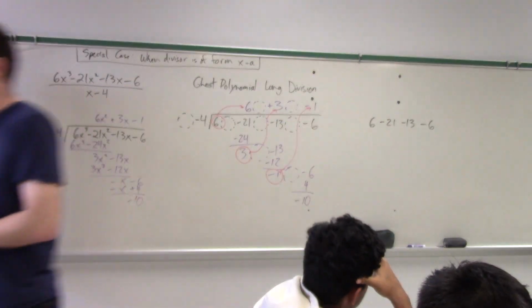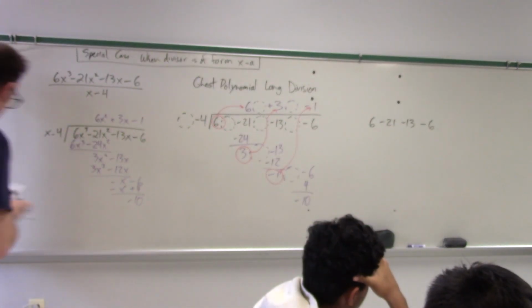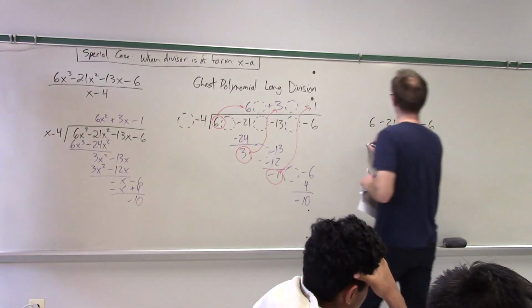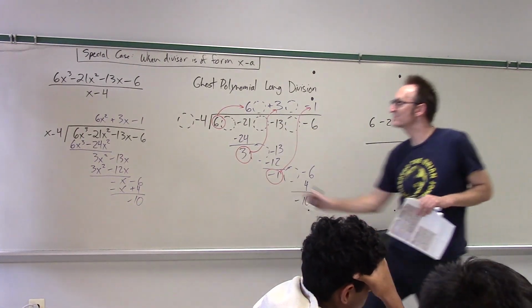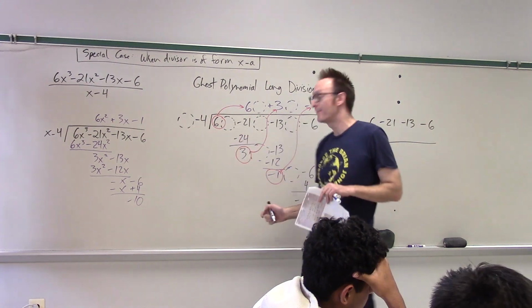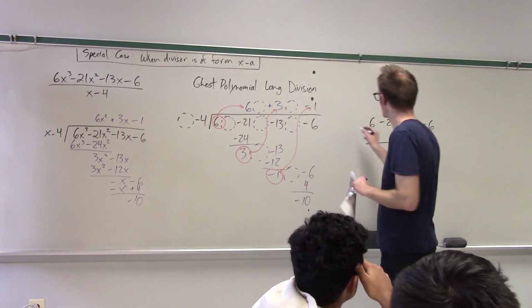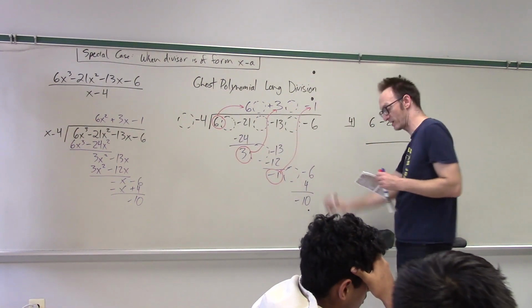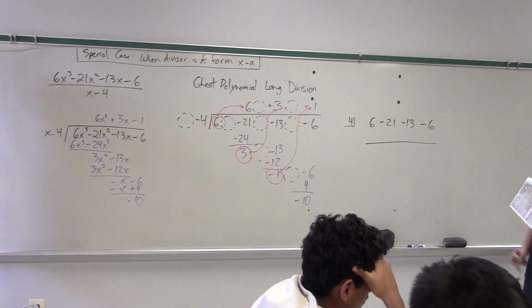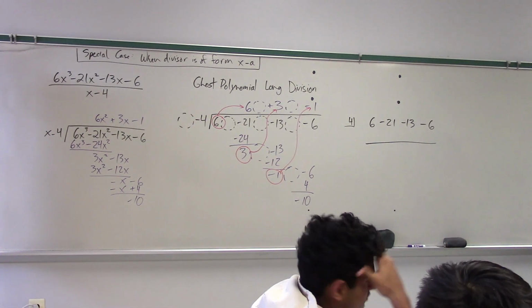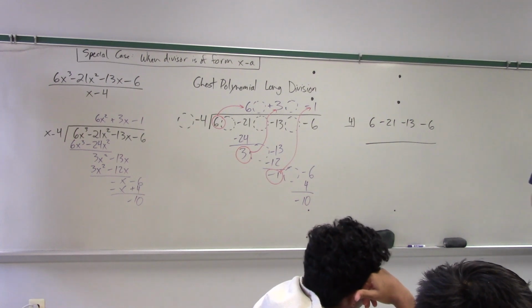And then I'm going to write this little thingy here. And then I'm dividing through by x minus 4. But instead of writing x minus 4, I'm just going to put a 4 over here in a little box.